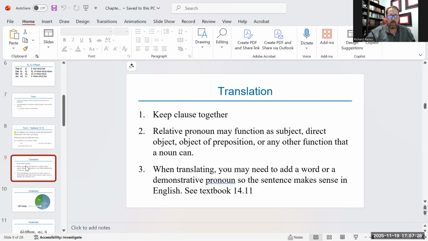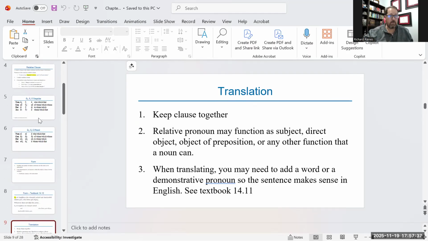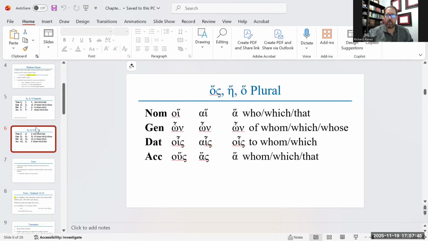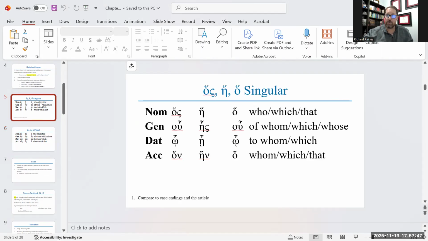He digs a little deeper into that in section 14.11. I would read that if I were you before you do your exercises. So that's relative pronouns. So really, all you have to do is you have to memorize these two paradigms, which you kind of already know because they look like the paradigms for the nouns that you've already been learning.